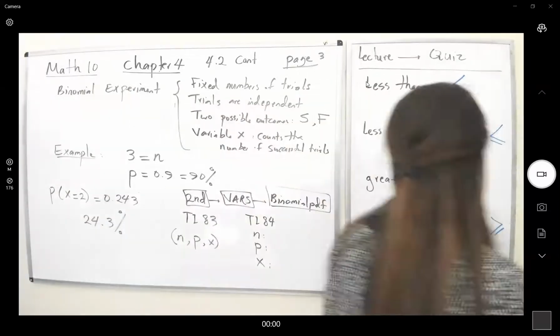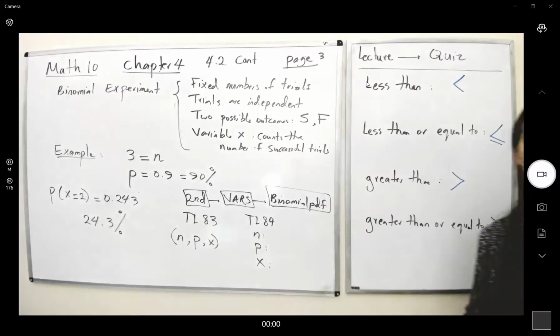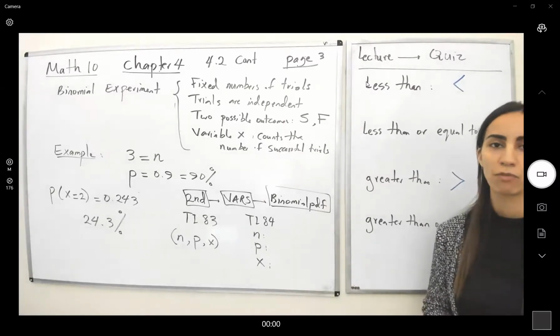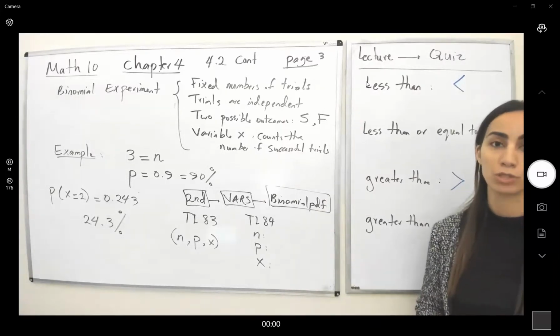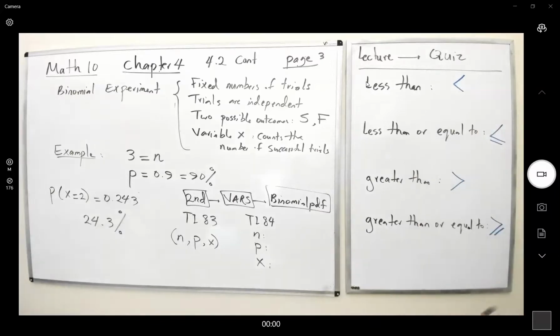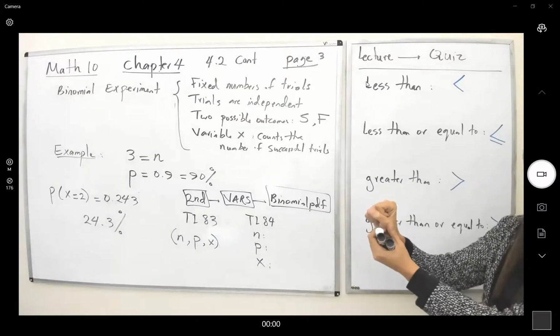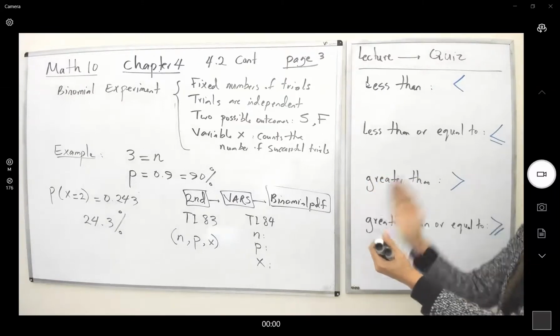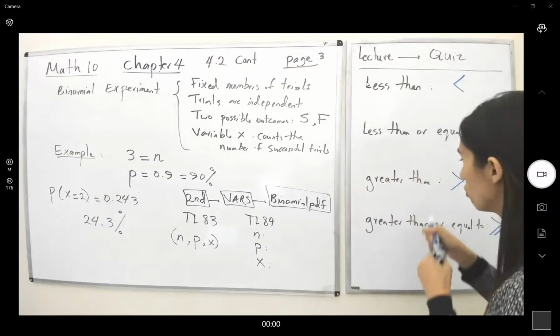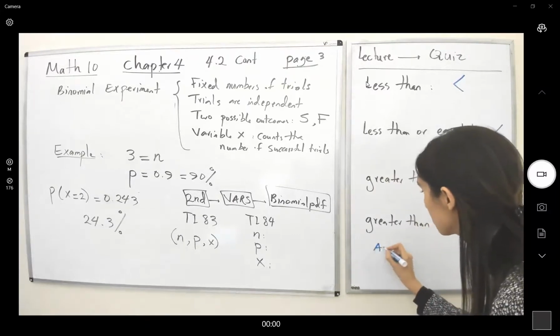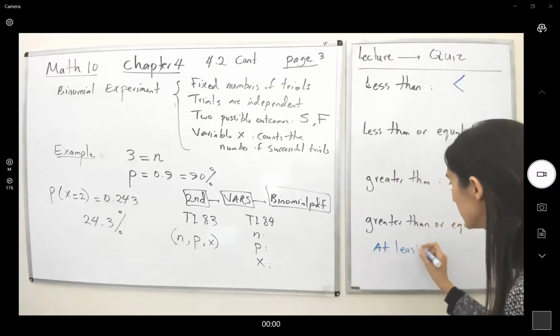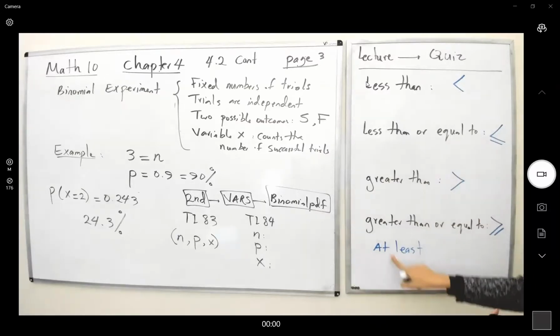So what if you have the words at least? What about at most? At least means that you start from a value, you include that, and you go up. So when you see at least in a question, the meaning of that is greater than or equal to.